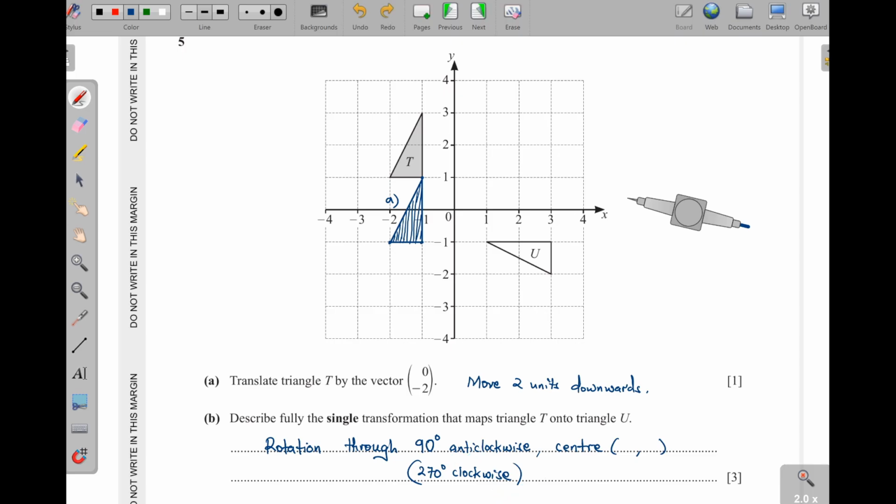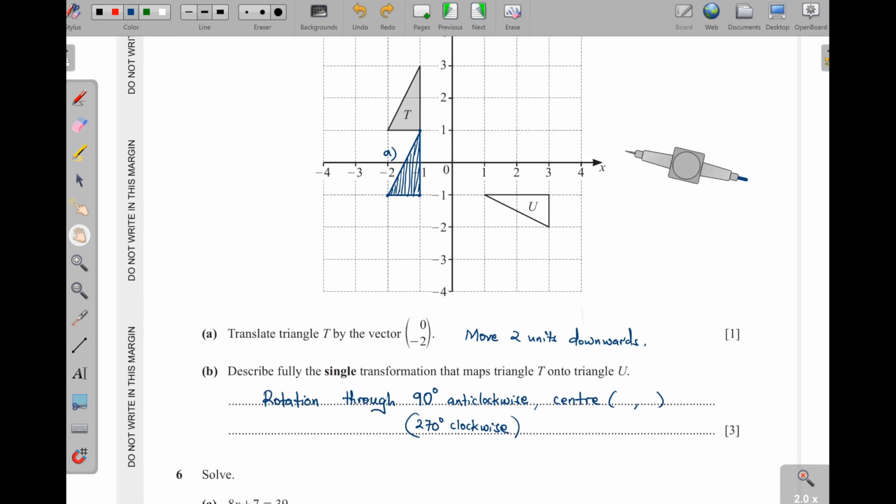Okay, so we need to find the center. So to find the center, we are going to construct perpendicular bisectors of 2 lines, joining the object points to the image points. Then where they meet is the center of rotation. Let me write this down.